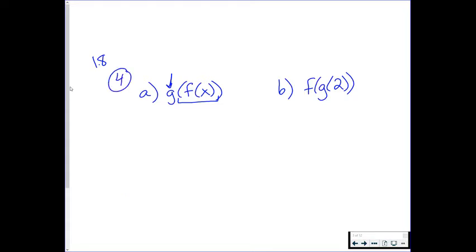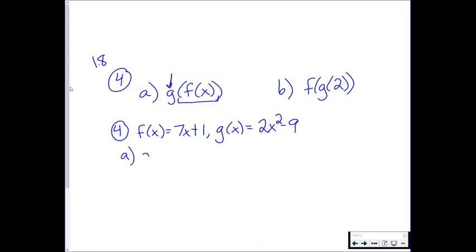Question 4 is very similar to question 3. We're given two functions. F of x is 7x plus 1, and g of x is 2x squared minus 9. For part A, to find g of f of x, I'm going to take f of x, which is the inside function, and put it in place of x in the g function, 7x plus 1.